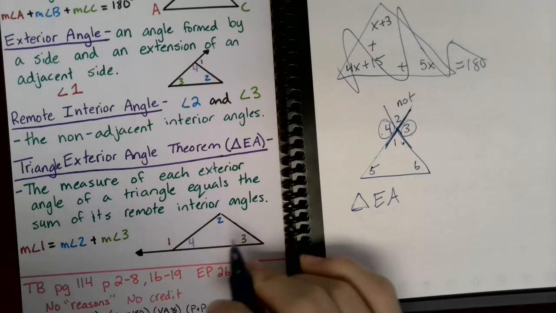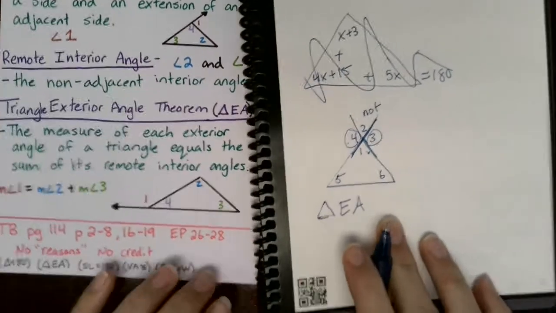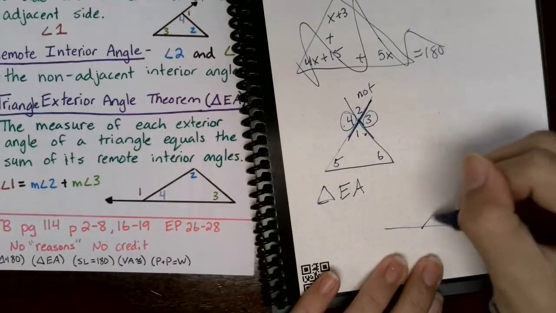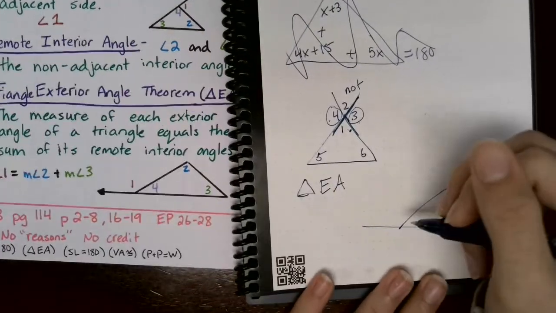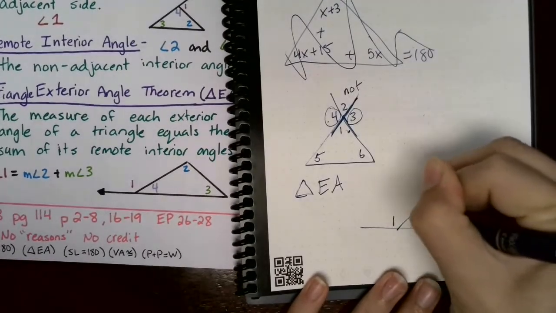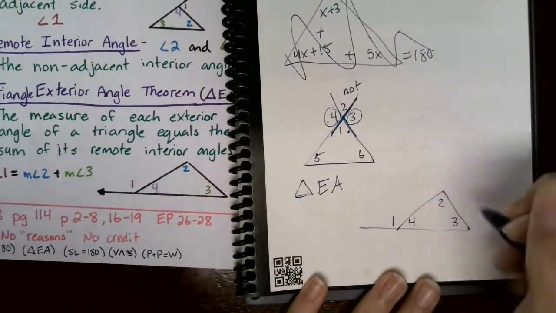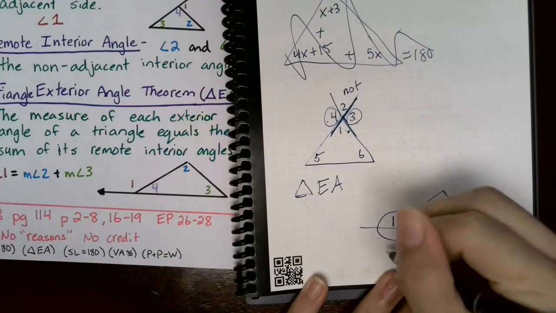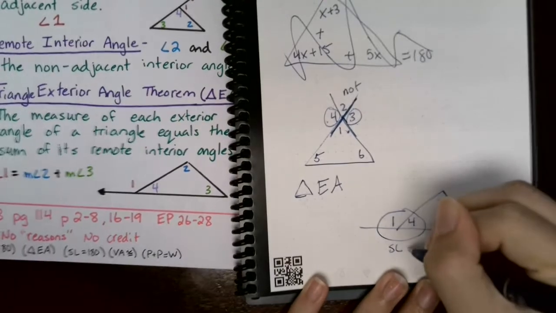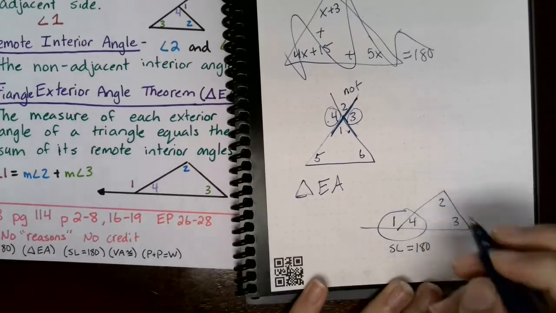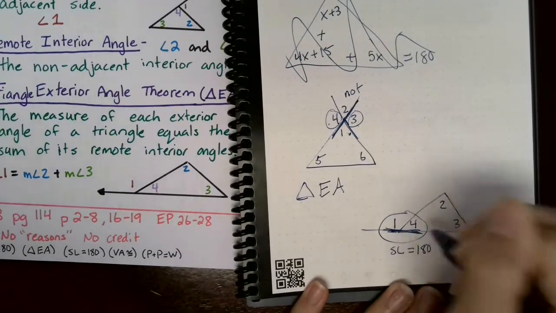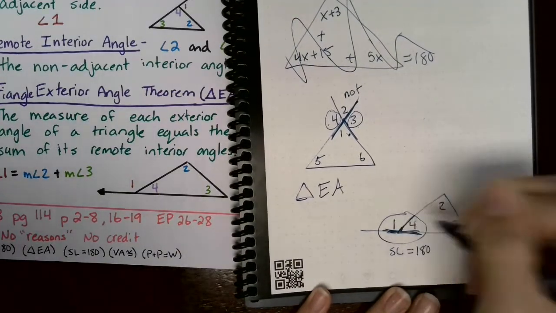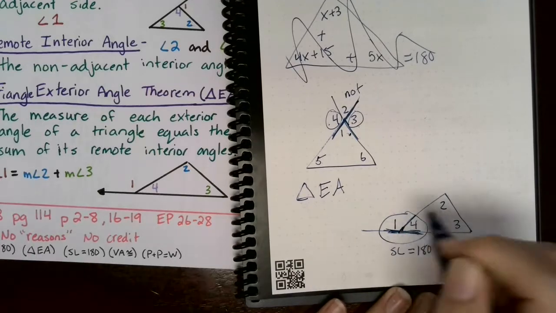Now I'm going to show you right now why this works, okay? So I'm going to draw out the same picture. And we know that angle 1 and angle 4, those are a supplementary pair, or a linear pair. They equal 180, right? It's on a straight line right here. The angles are adjacent to each other, so we know that they are a linear pair.